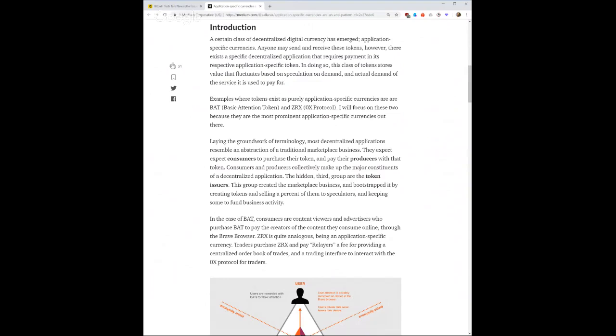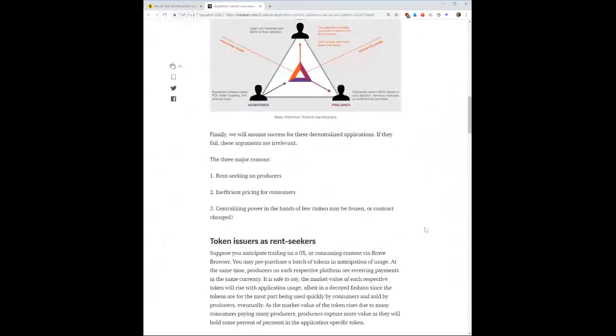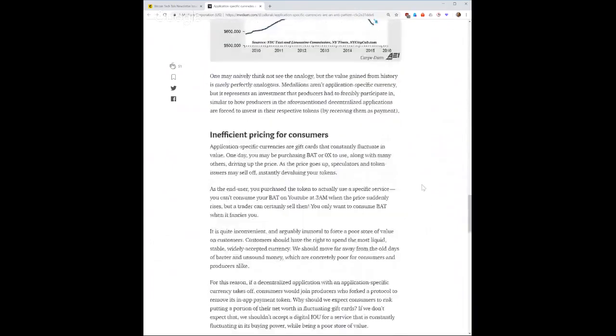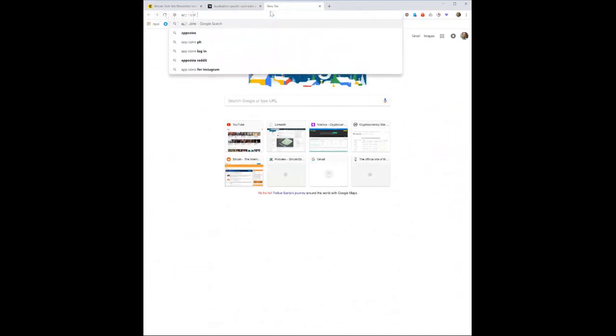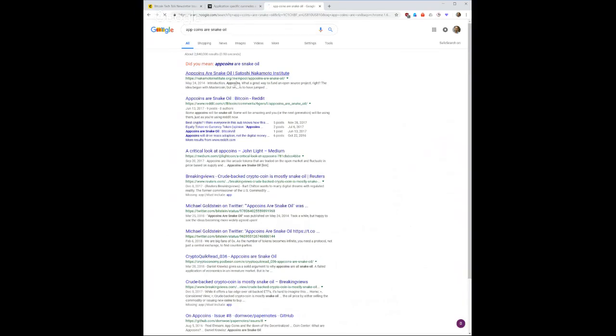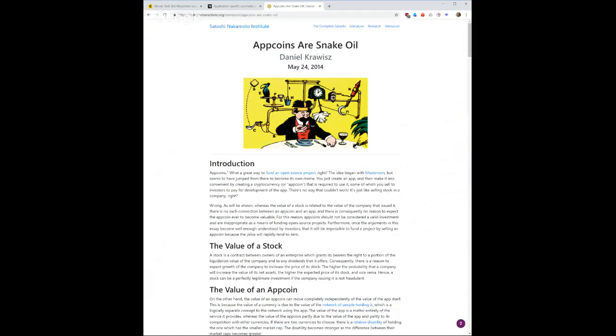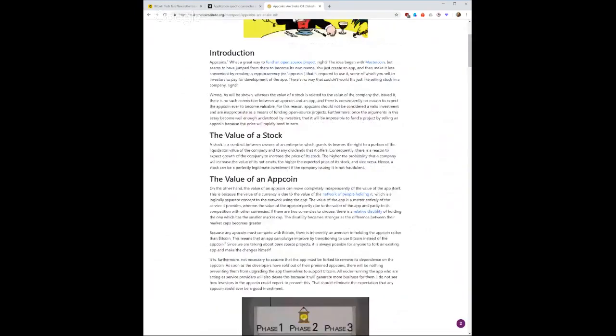It reminds me a lot of Daniel Krawisz's classic article on Satoshi Nakamoto Institute. I think it's called App Coins Are Snake Oil. This was before he sort of went over to the Bitcoin Cash side and so on.